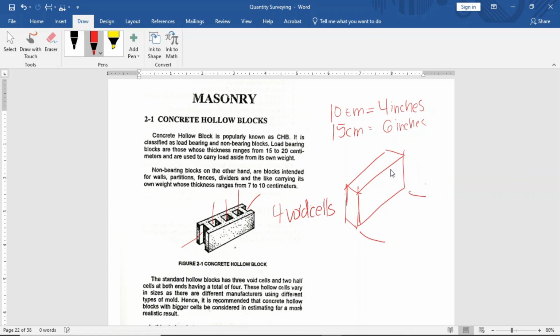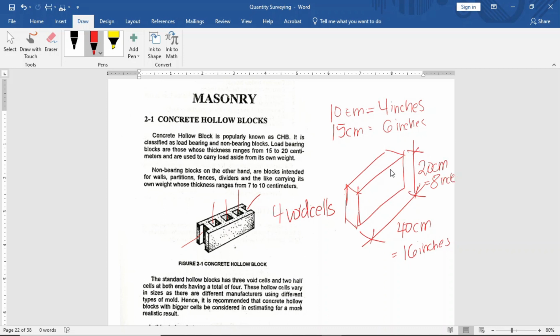So yung length ng hollow block natin ay 40 centimeters, equal to 16 inches. Tapos yung height or depth natin is 20 centimeters or 8 inches.